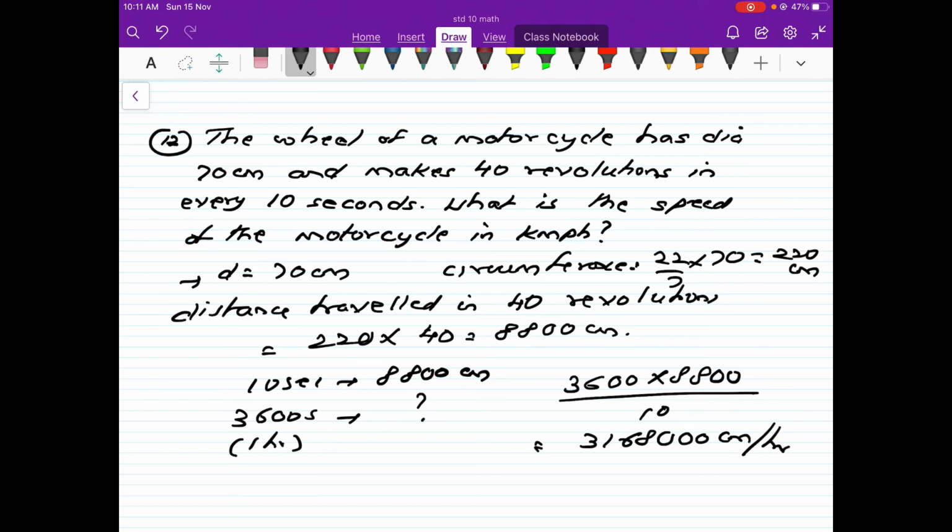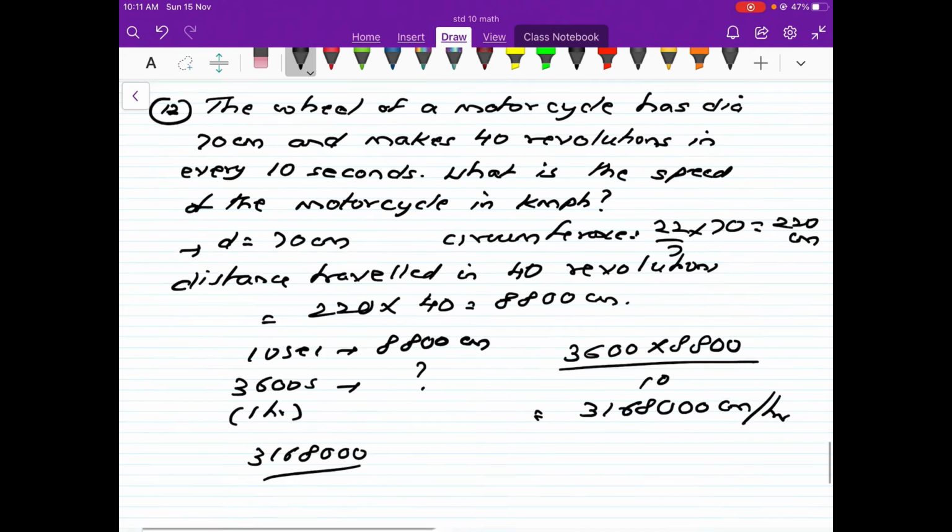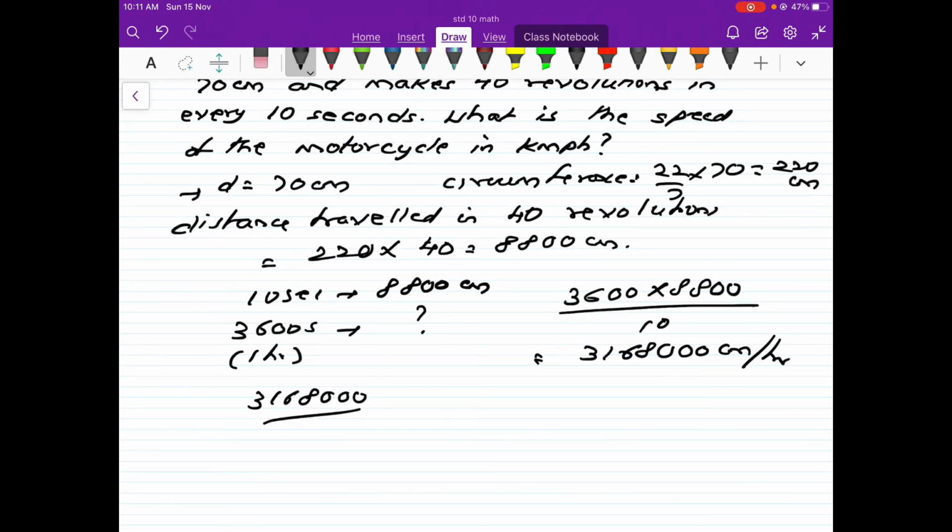If we divide it by 100000, centimeters to kilometers, we will get 31.68 kilometers per hour. So that is the speed of the bike in kilometers per hour. Thank you.